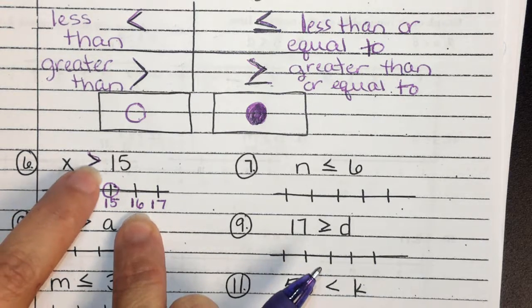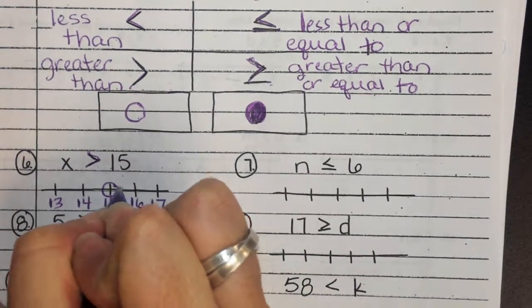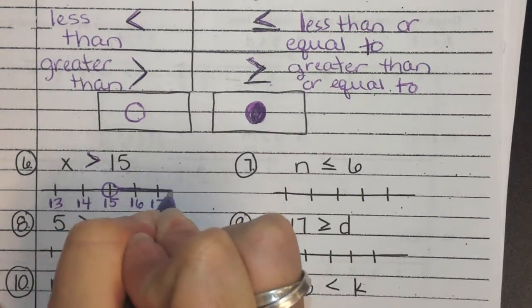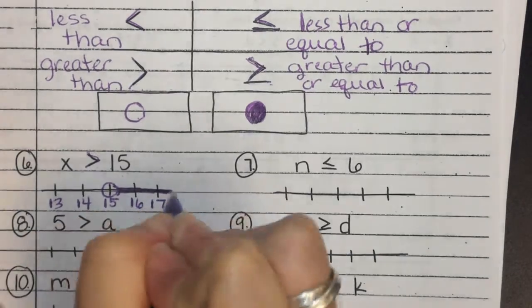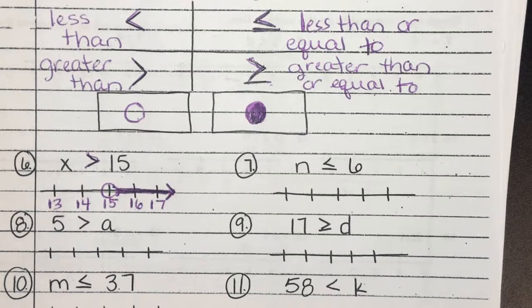Is 16 greater than 15? Yes. When you get your yes, that means you shade that side of the number line and put your little arrow on that end. Because it could be 16, 17, 18, 19, 20. It could be 100, 1,000, 1,000,000, because the number line goes on forever.